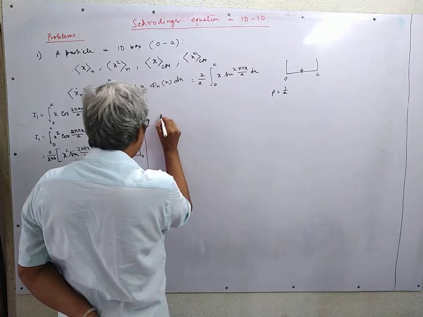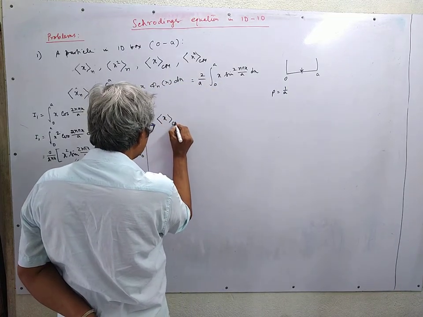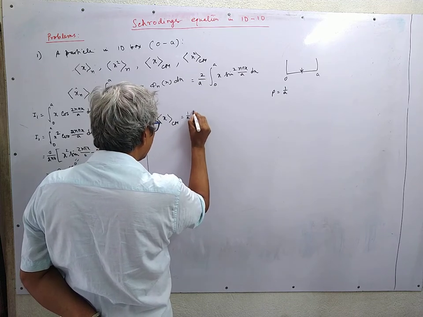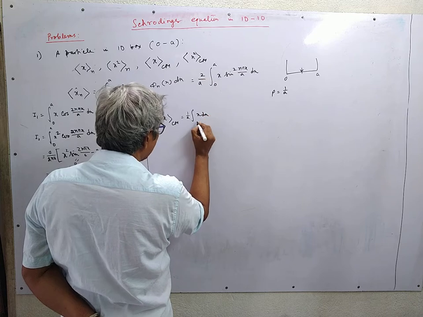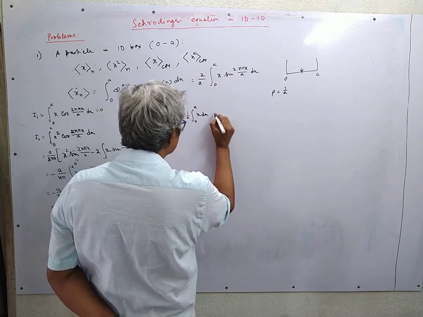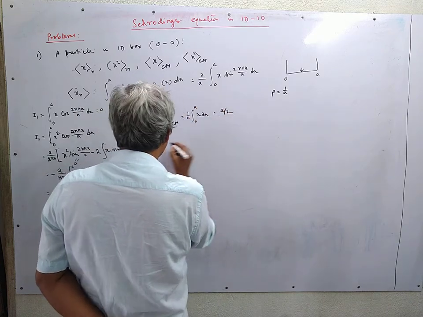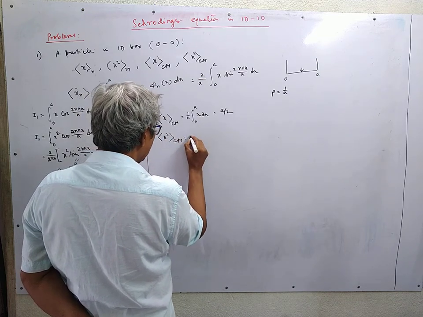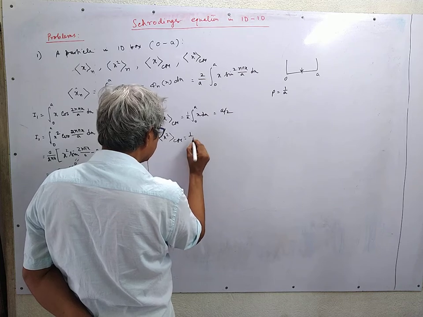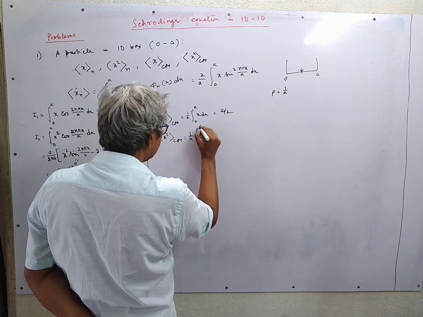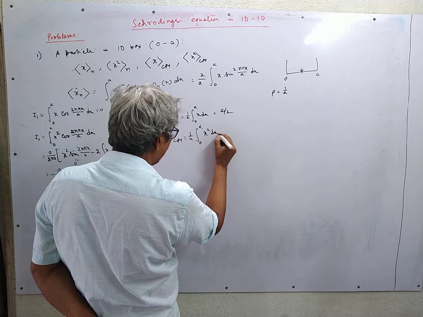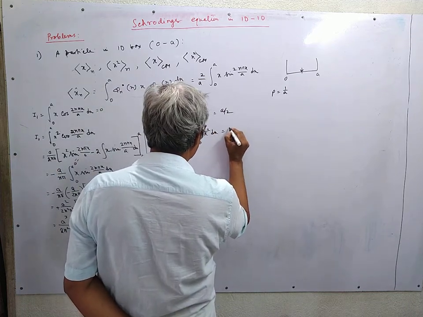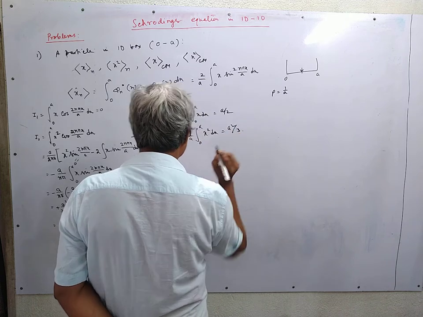So we write x in classical mechanics is the probability, constant 1 by a, x dx from 0 to a, so it is a by 2. And similarly x square cm is 1 by a, 0 to a x square dx, this is a cube by 3, a square by 3.